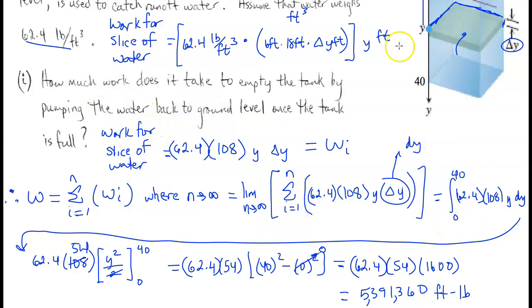And right here is what we need to use. What's different now is that instead of this being 40, we need to now have this at 20. Everything's going to be the same here, but now we're going to have 20 for the upper limit of integration versus 40.